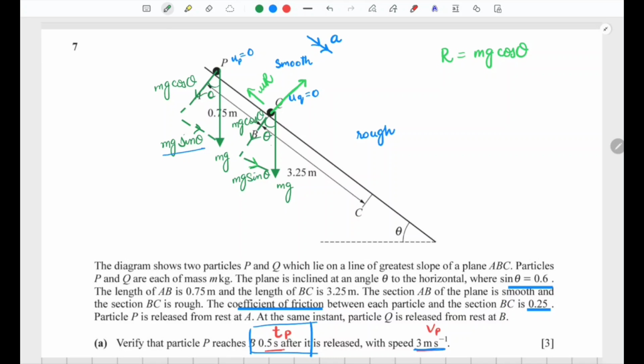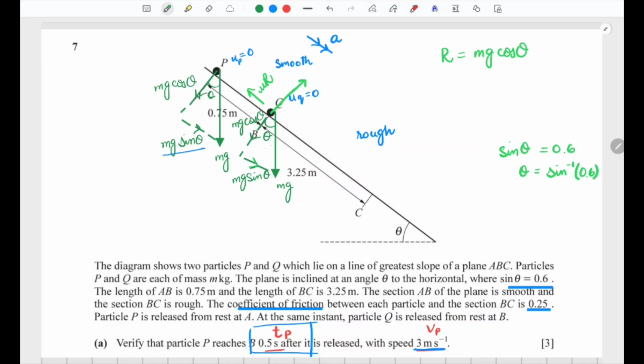Okay, and we found sine theta to be 0.6. So theta would be sine inverse of 0.6.